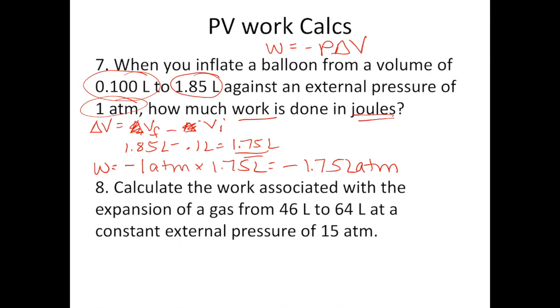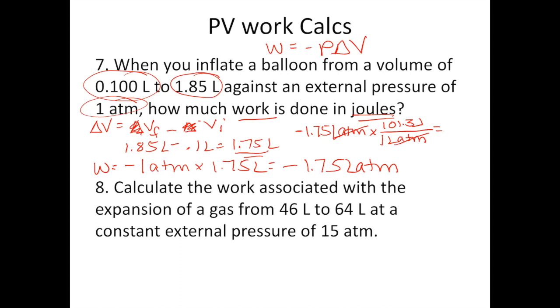But I need my work in joules, so I need to calculate that. Sorry, this is kind of cramped, but I take negative 1.75 liter atmospheres and I multiply by 101.3 joules, because this is my conversion factor, per 1 liter atmosphere. I cancel just like we did before.